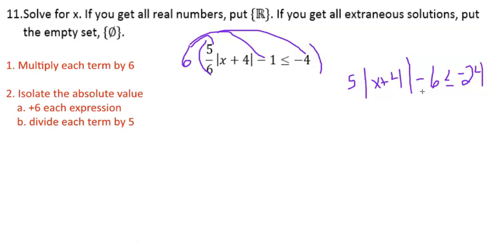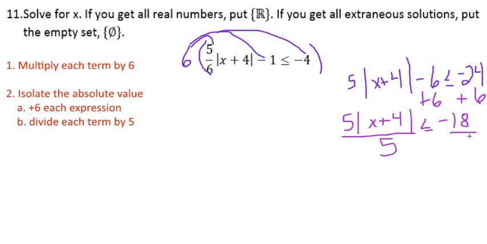From here, we want to add 6 to each expression, both sides of the inequality. We get 5 times the absolute value of x plus 4 is less than or equal to negative 18. From here, we want to divide each term by 5.